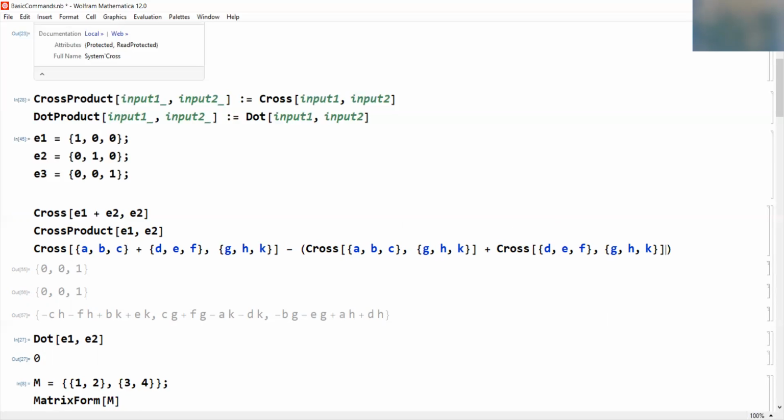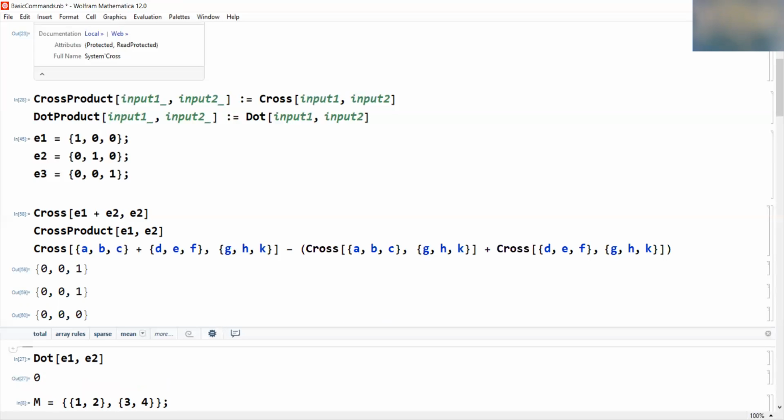Well, 0. Oh, no, because it's minus. Which 0? 0, the number is 0, the vector. 0, the vector. And so you do shift enter to compile a line, and we get 0, 0, 0.